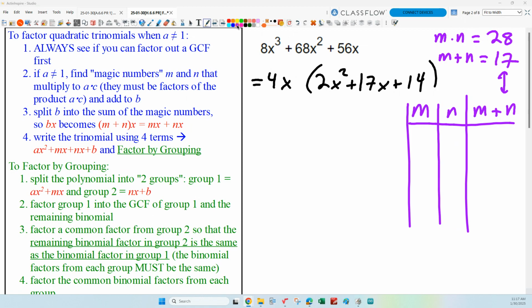Okay, what would the signs of my magic numbers be in this case? Both positive. And we would just start with the biggest factor we could get. We could do 28 and 1, right? Which would add to 29. Way too big. What's the next option?